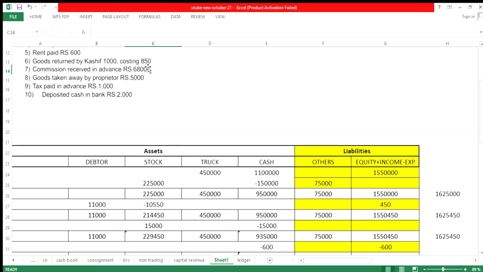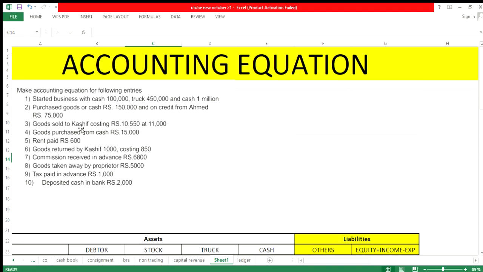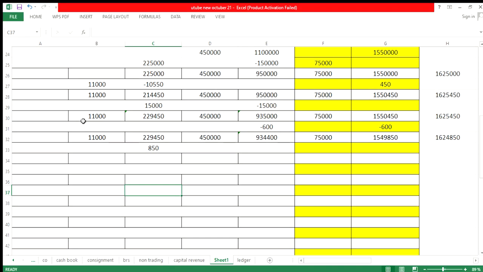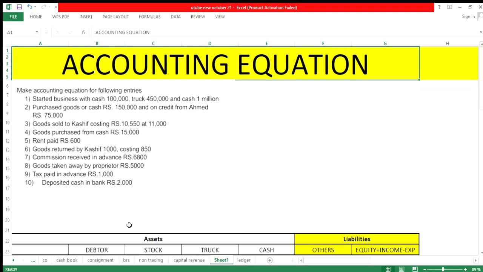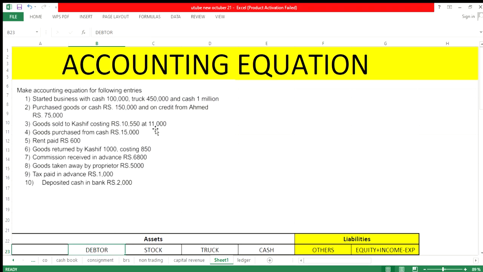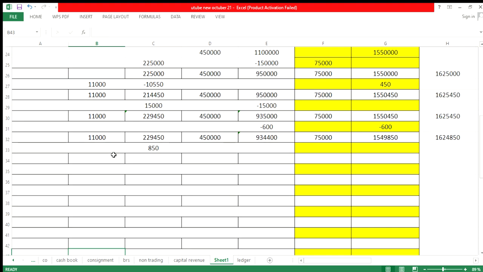Now secondly, understand it, goods were sold on credit to Kashif. Over here we have increased debtor. Goods were sold for 11,000. Focus. Goods were sold for 11,000. This is the column of debtor. Since Kashif returned the goods, it means the amount is not receivable from Kashif. How much? 1,000.